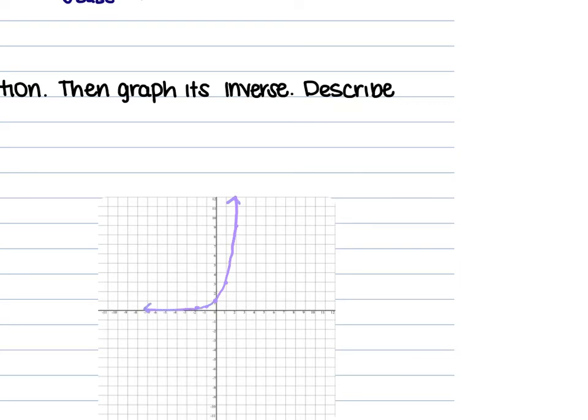For our second function, we have 1/9, negative 2, which is about here. Then we have 1/3, negative 1, which is about here. Then 1, 0, 3, 1, and 9, 2. So this is just going to go this way.